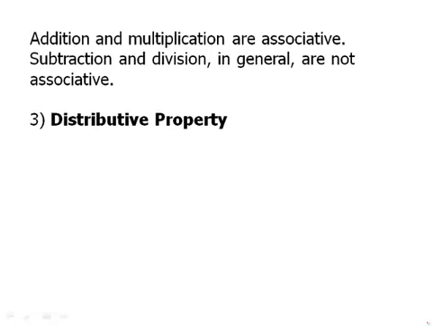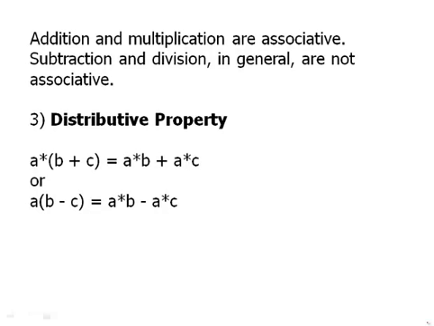The distributive property. This one is a big one. First of all, multiplication distributes over addition, and it distributes over subtraction. So we could do the addition or subtraction first and then multiply, or we could multiply times each piece and then perform the addition or subtraction.